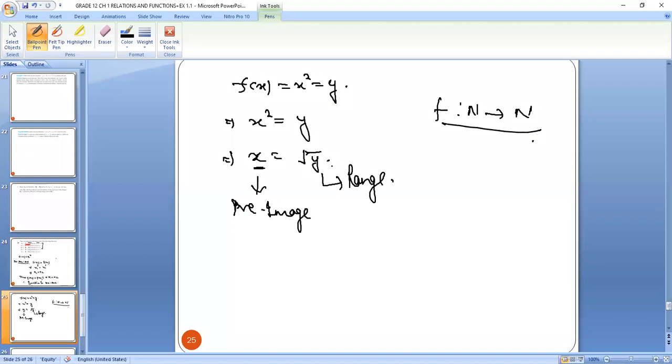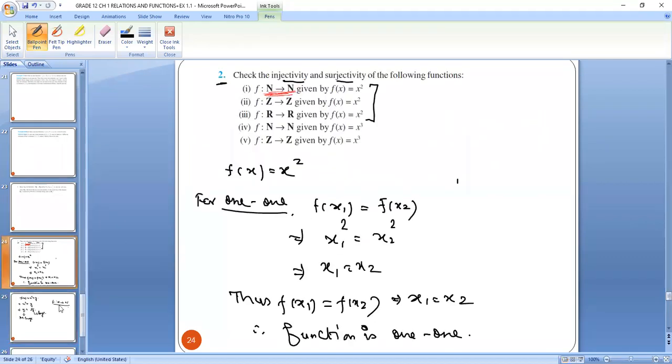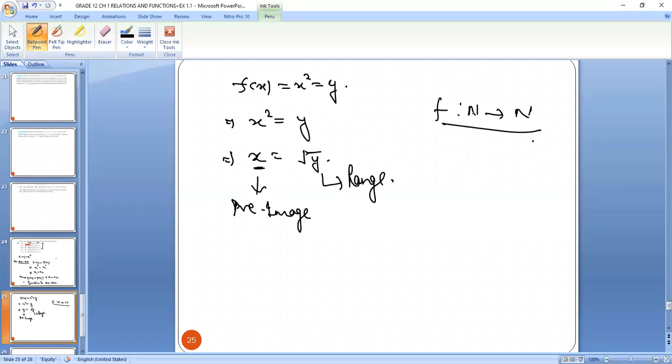Then if for every element y there exists x, then we will say that the set is onto, otherwise the set is not onto. For y is equals to 1, x is equals to 1. For y is equals to 2, x is equals to root 2. Root 2 does not belong to n.